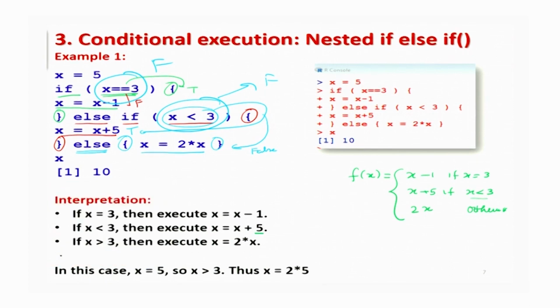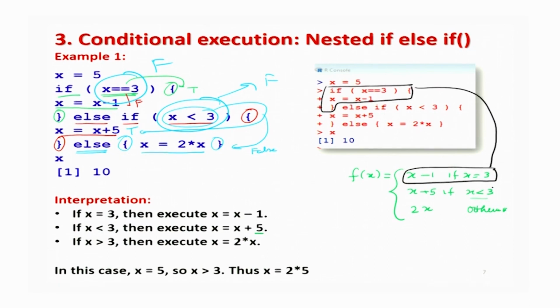So, in case you look here, I will use the black pen and mark here to show you the correspondence between the function and the program. If your condition was x is equal to x minus 1 if x equal to 3, this condition has been executed here.